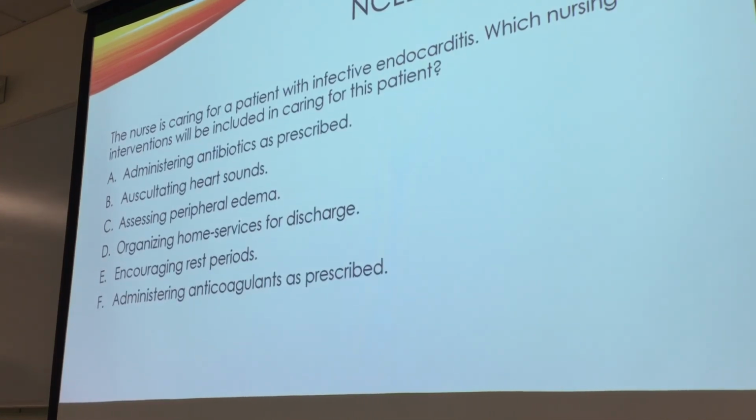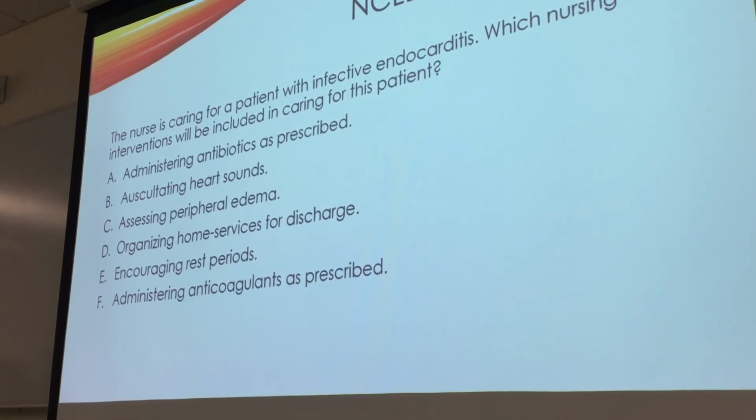So the nurse is caring for a patient with infective endocarditis. Which nursing interventions will be included in caring for this patient? This should say select all that apply. A, yes it is. A, B, E. There's one more. C. Peripheral edema, because you're thinking about heart failure with these patients.